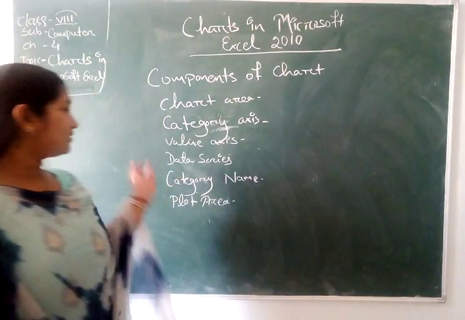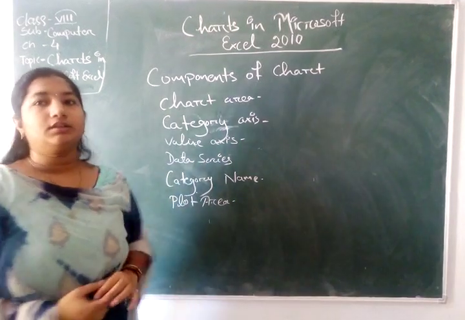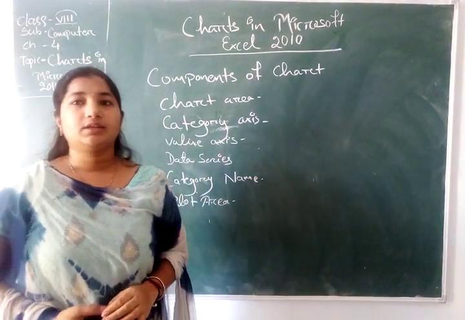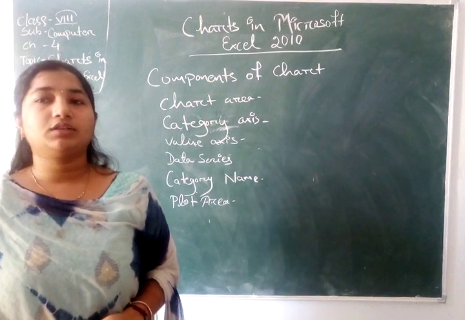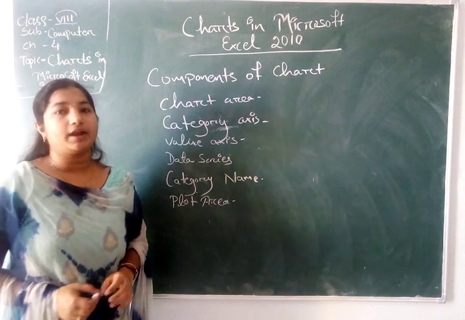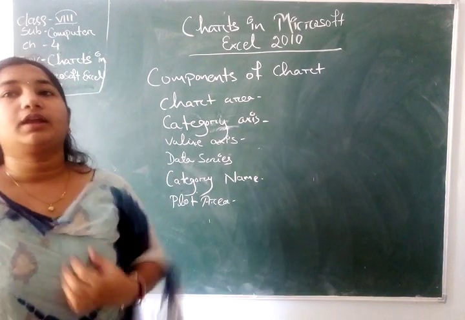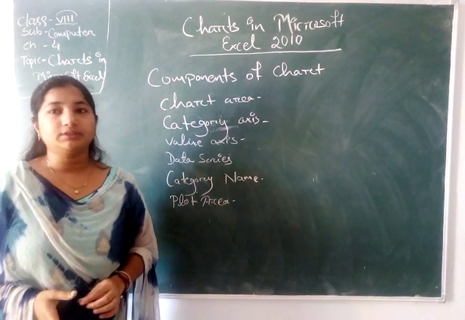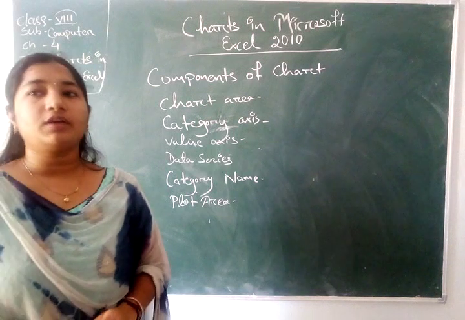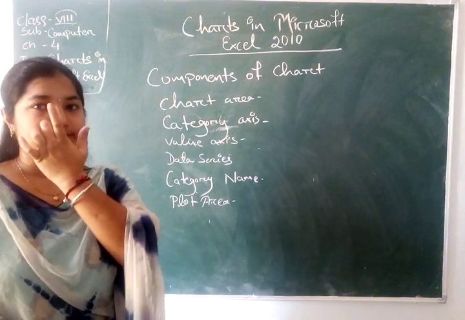So next one is data series. Data series are the bars, slices or other elements that represent the data values. Next one is category name. Category names are the labels which are displayed on the x-axis and y-axis.